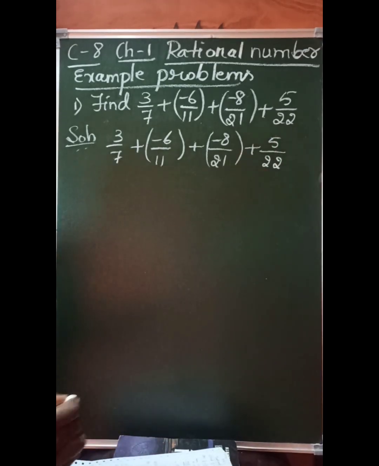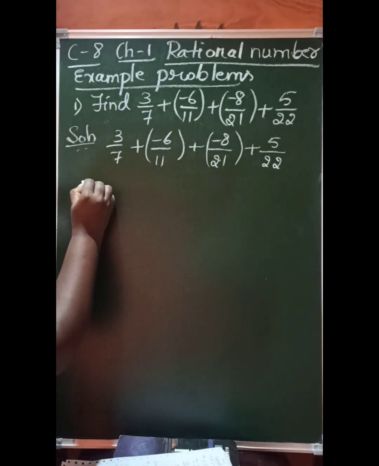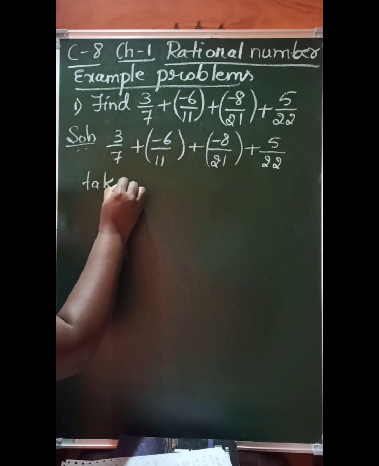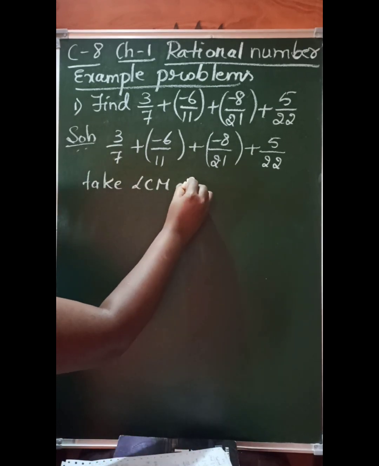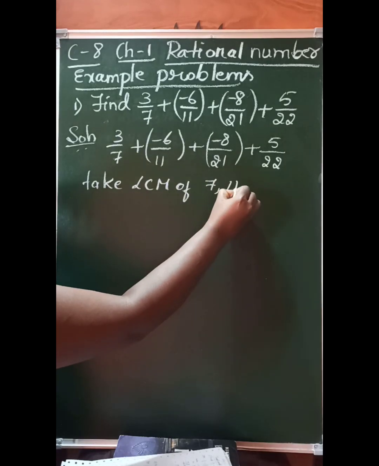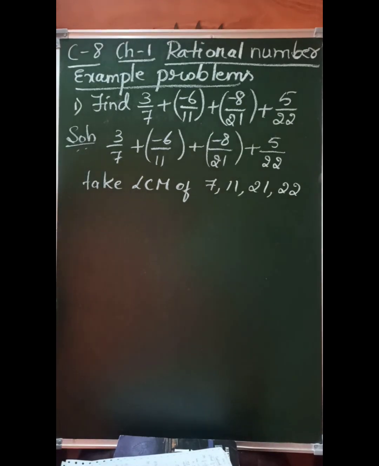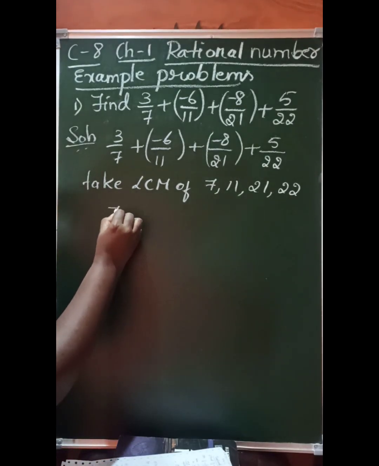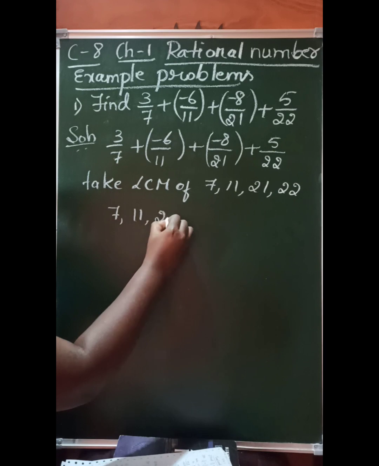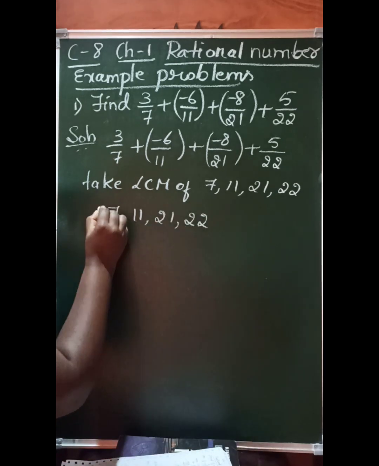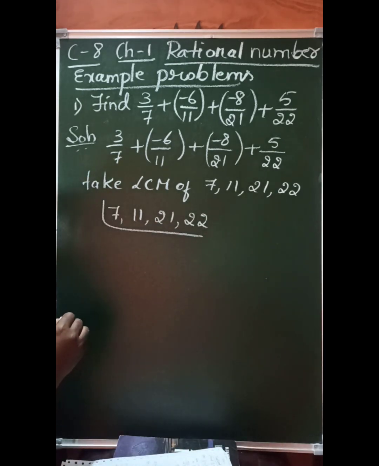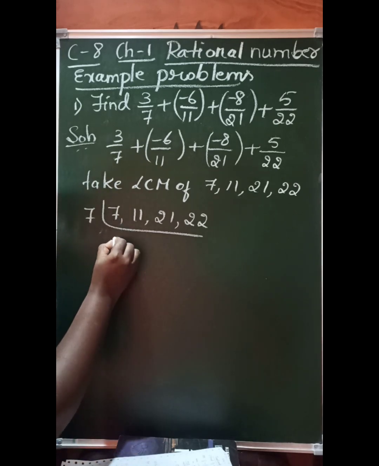The second step is to take the LCM of 7, 11, 21 and 22. Now, how do we find the LCM? Consider all the numbers. 7 ones are 7.